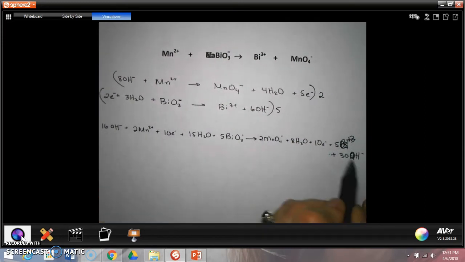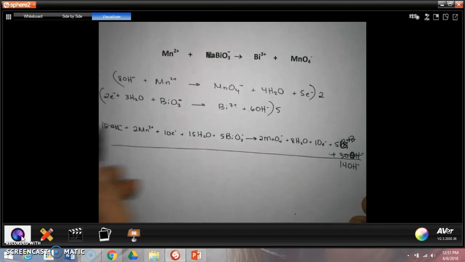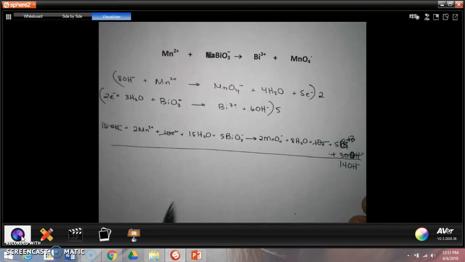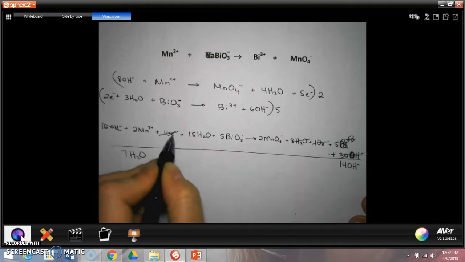16 on this side, 30 on this side, so I've got 14 OH minuses total on this side, because those cancel out. The 10 electrons are going to cancel. In terms of waters, I've got 15 on this side and 8 on this side, so 7 waters total on that side.